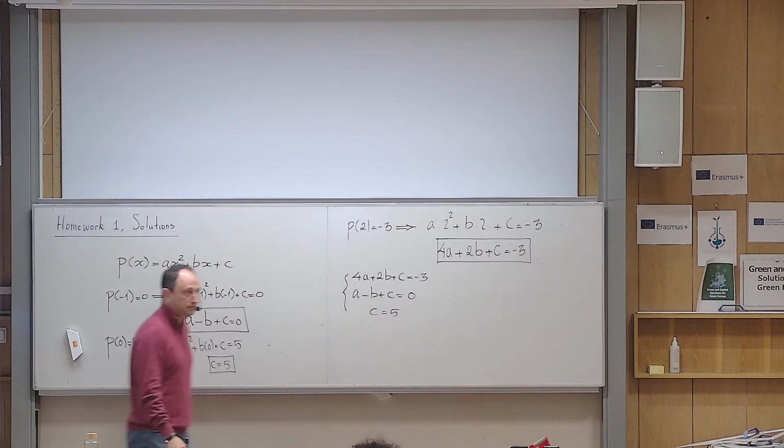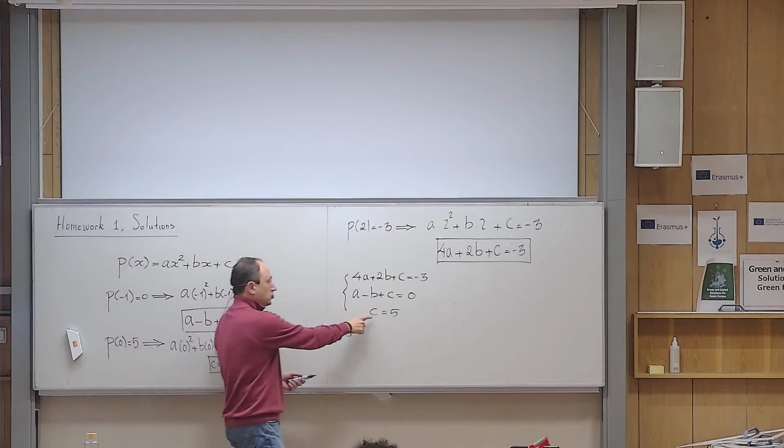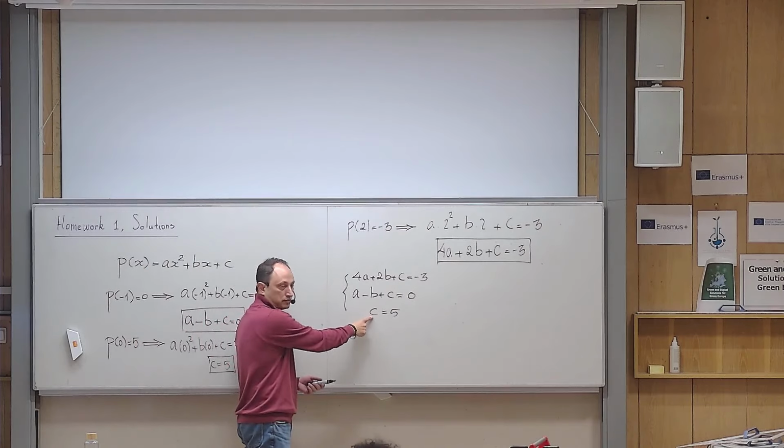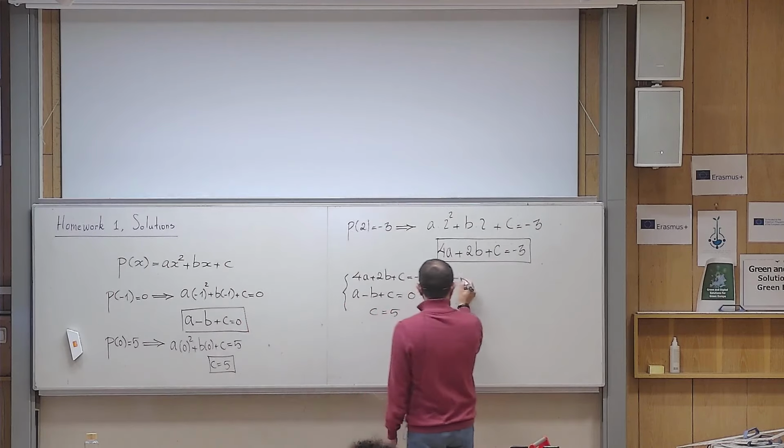Yes? This system is very easy to solve because one of the unknowns is already found. It's 5. I put 5 here and there. Okay? So can you do it in your head?